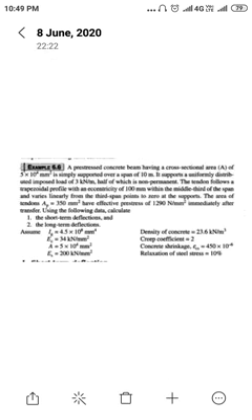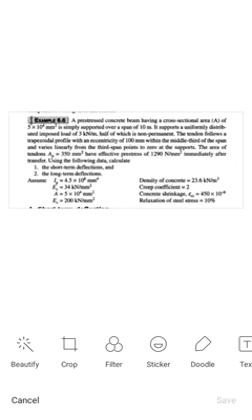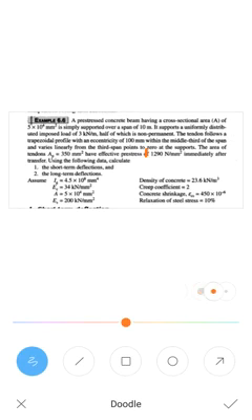So here you can see, this is the stress they have given, this is the area they have given, so you multiply these two, so stress into area is equal to load.